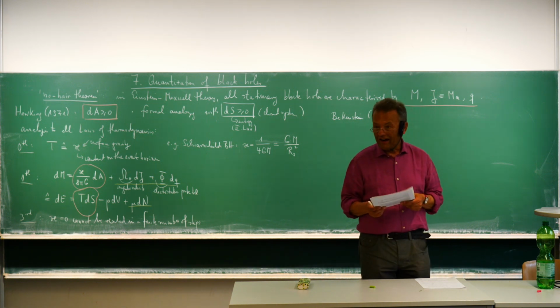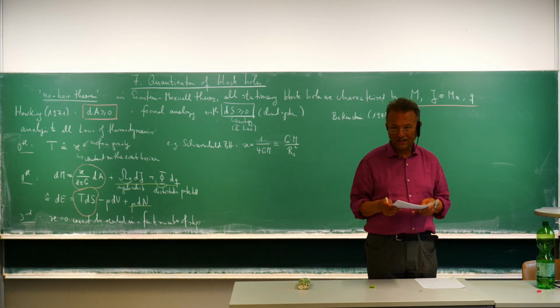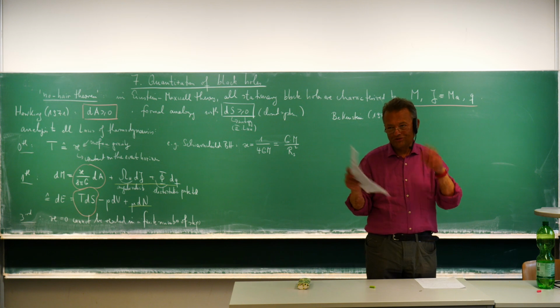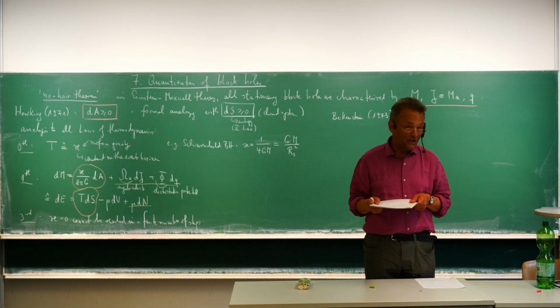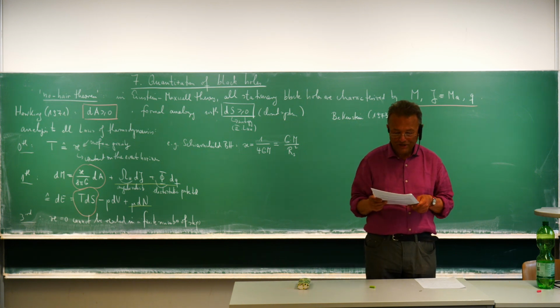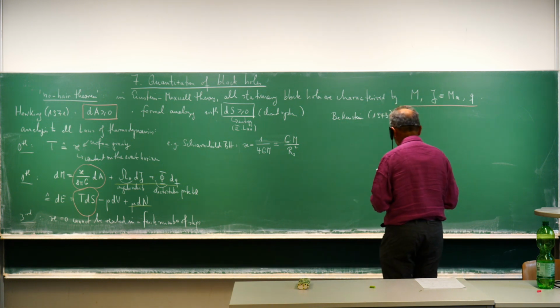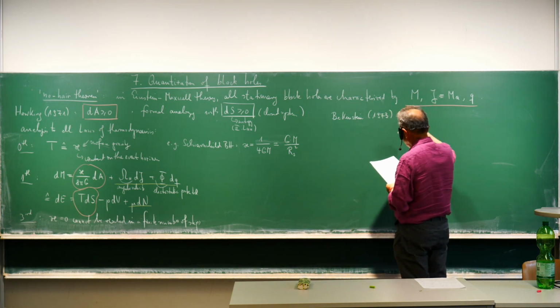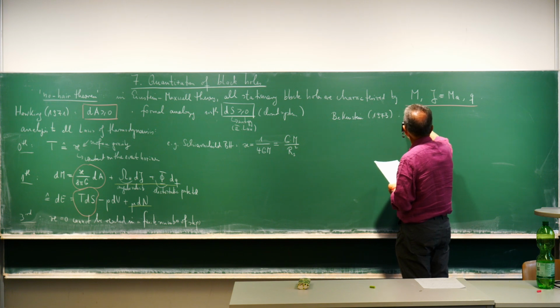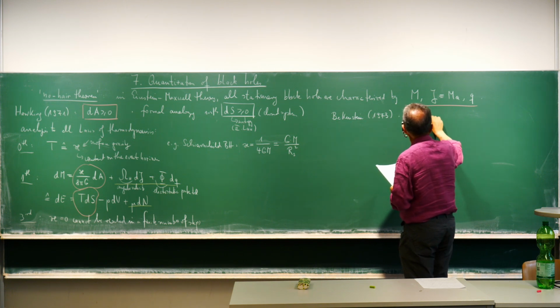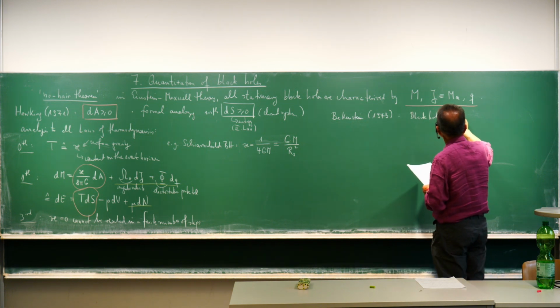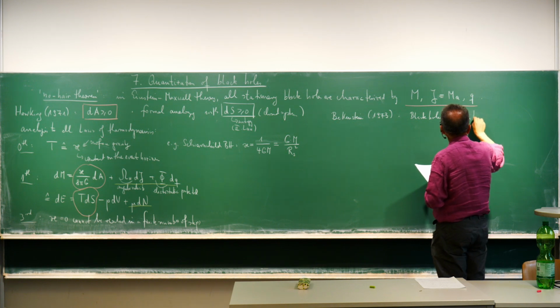So you could violate the second law in the universe just by throwing things into the black hole. Can that be? Bekenstein thought that cannot be, and so he proposed the idea that black holes have entropy.